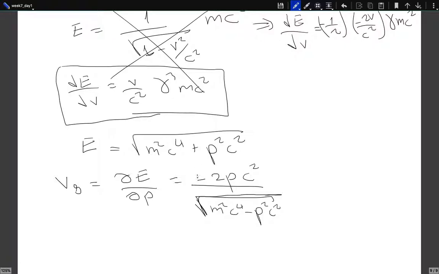No, this is plus, sorry. This is 2p. Now there's a 2 over here from the square root. These 2's cancel. So I have pc squared over E. But this is nothing but the velocity of my particle.